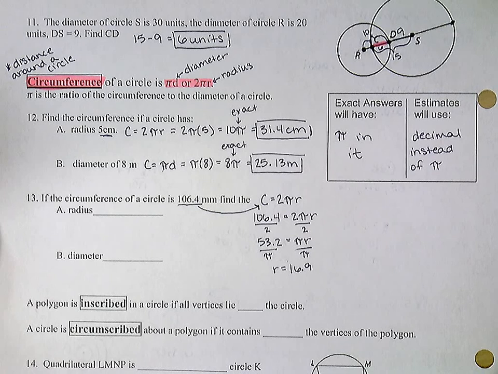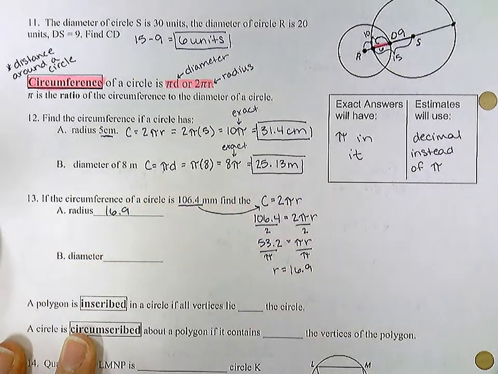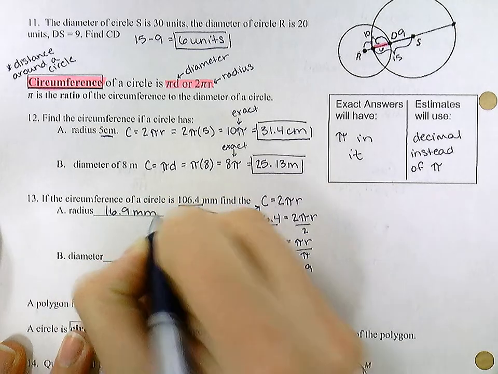Your radius should never be bigger than your circumference. If you get a radius that is bigger than 106.4, something's off there. So now I have my radius is 16.9 millimeters.